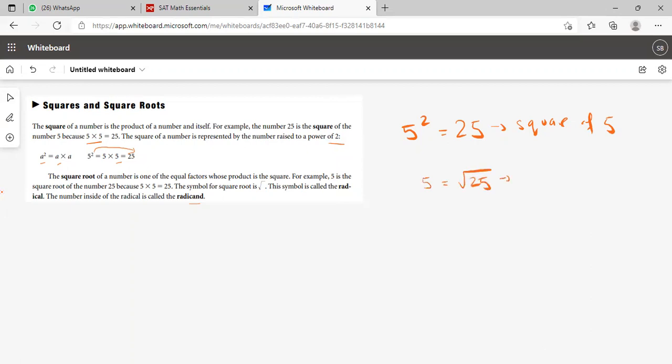This is the square root of 25. So this is basically the radical, this is the radicand, and this is what they have tried to explain in such complicated words.